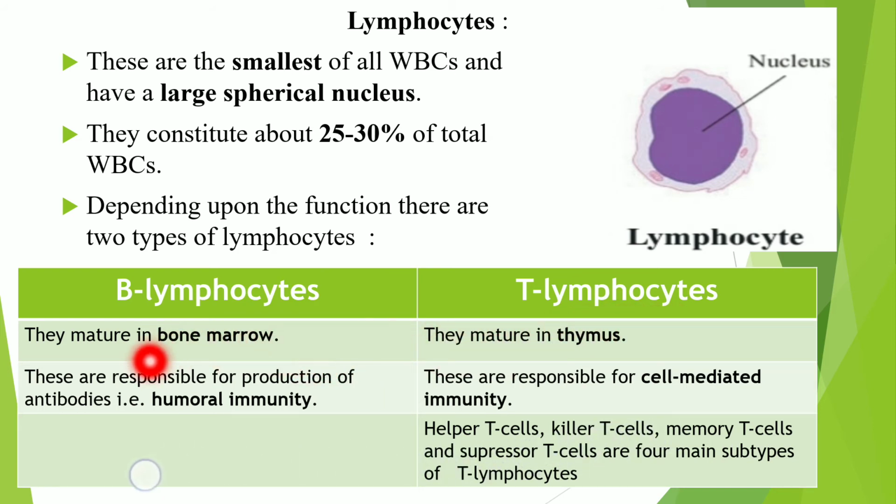The first is, B lymphocytes mature in bone marrow, whereas T lymphocytes mature in the thymus gland. Then B lymphocytes are responsible for production of antibodies, that is commonly called humoral immunity.